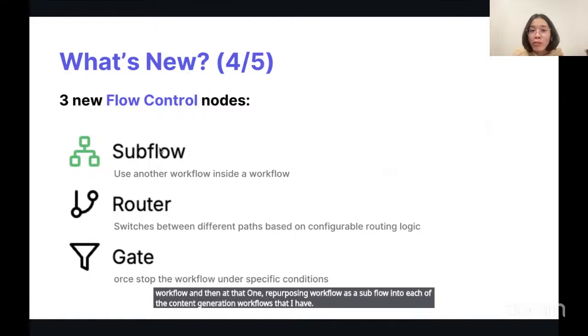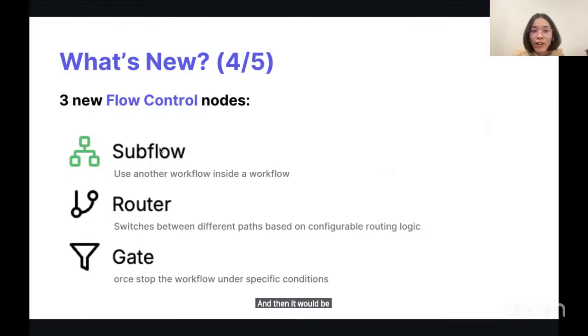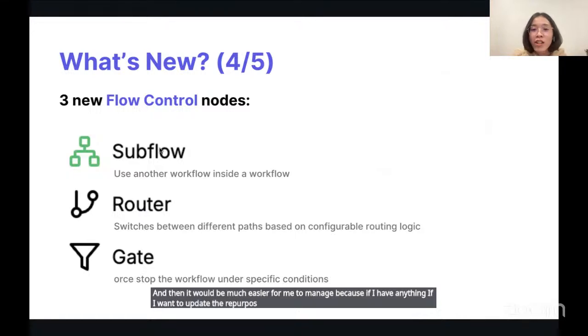And then it would be much easier for me to manage, because if I want to update the repurposing process, I would just go to one repurposing workflow to update, and not have to go through each of these workflows.